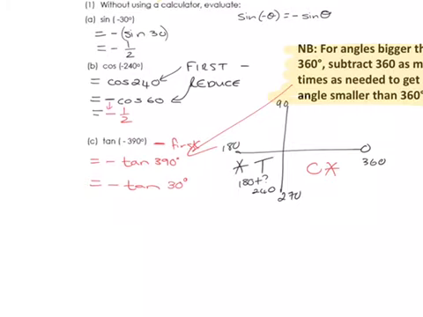And now it's already reduced, because 390 is not on my cast diagram because it finishes at 360. We can't go more. So we just chop off 360 to bring it onto the cast, and now it actually sits in the first quadrant. So we'll leave tan as is, and in your calculators or with your brains, you can work out the special angle of tan 30 is root 3 over 3.